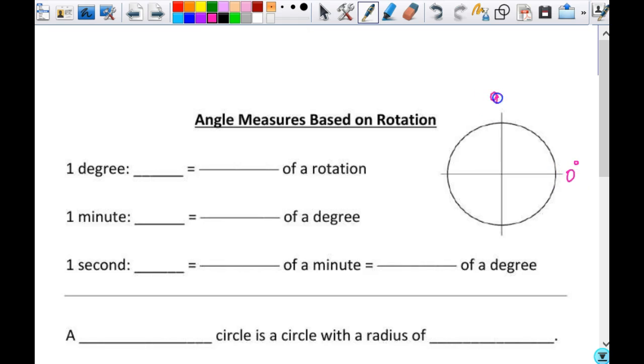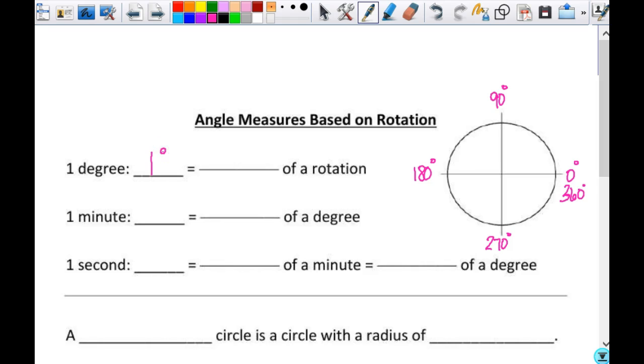This was 90, this was 180, this was 270, and then all the way back around to 360. When we're talking about a rotation all the way around, if I start here and go all the way around, that's 360 degrees.